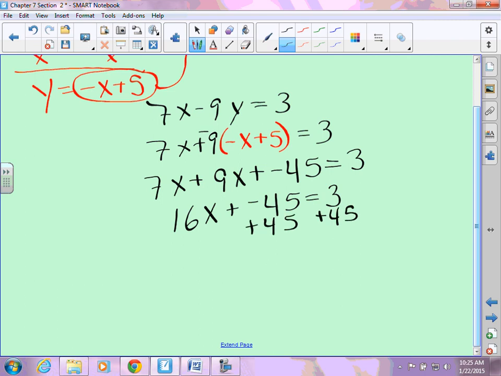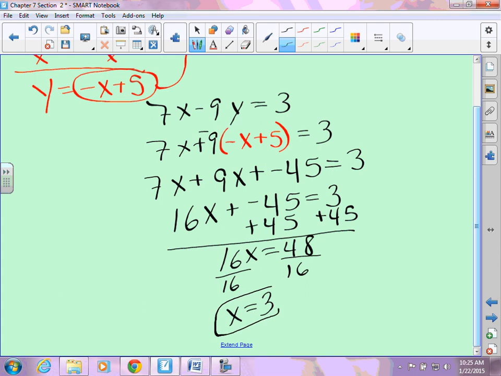Am I done? No, I need to find y. Now, I don't know about you guys, but for me, I love doing this compared to graphing. Graphing just takes forever. This actually, if your algebra is good, you just fly through it. It's kind of fun in a weird sort of way. Okay, so we're going to take this equation now, and we're going to plug it into that y equals that I've already done.